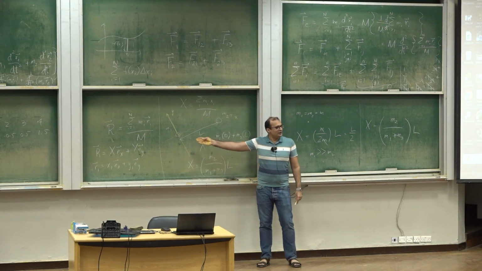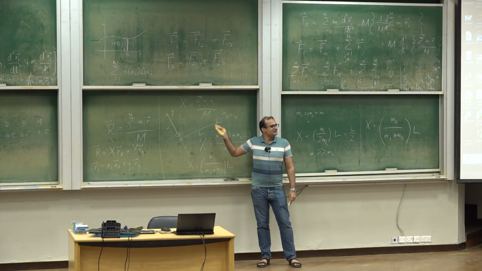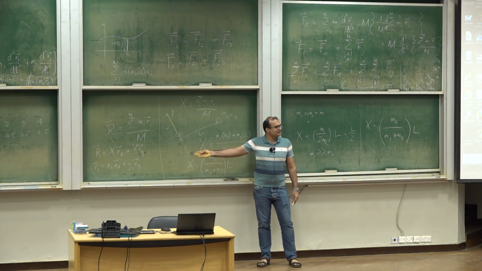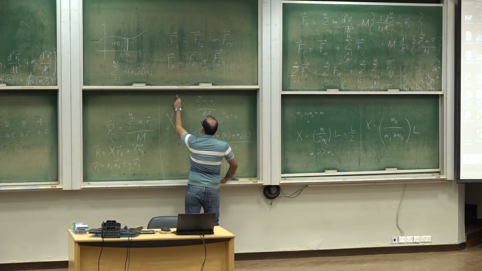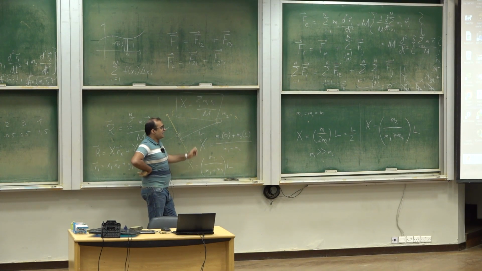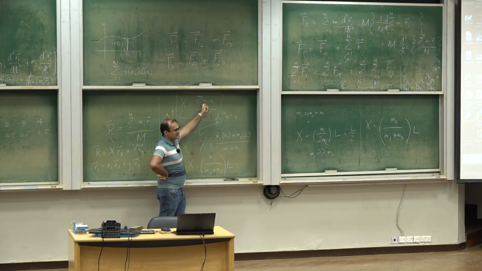The center of mass of two point particles, which is it, small r or capital R? It came from here. So the x coordinate of the center of mass equals the mass of the particles multiplied by the x coordinates, summed up, divided by the total mass.